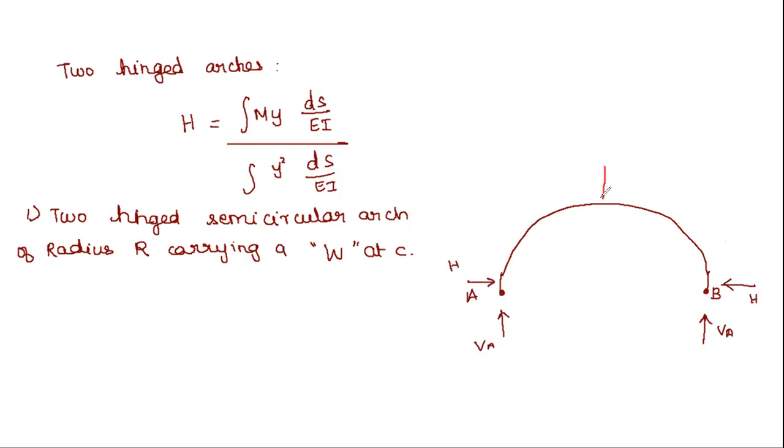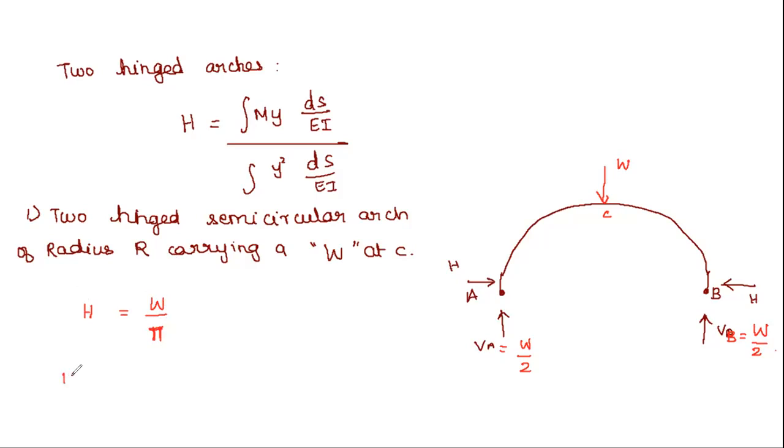It is subjected to a point load W at C, but there is no hinge here. So what will be the value of VA? VA is equal to W by 2 and VB is equal to W by 2. In this case, the horizontal thrust H is equal to W by pi.